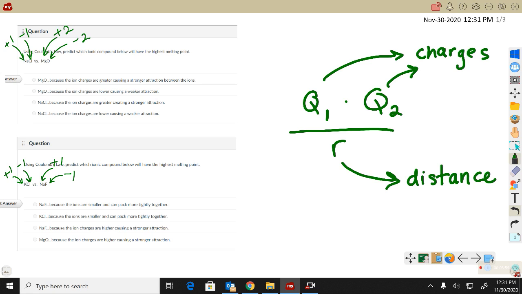And you could get a situation where it would be hard to predict qualitatively. Like, what if you had higher charges but bigger ions? And then we might have to resort to calculations to figure out the exact strength of the attractive forces. But you don't have to worry about any of those.